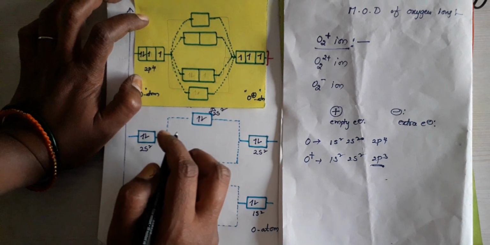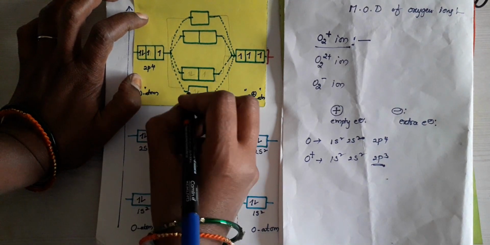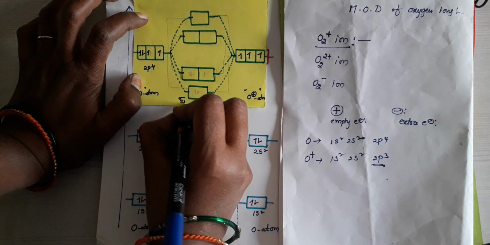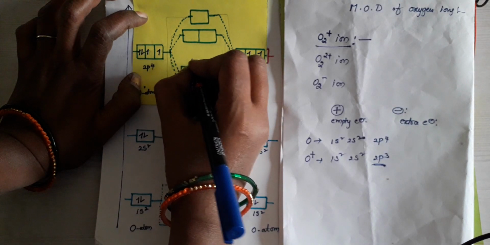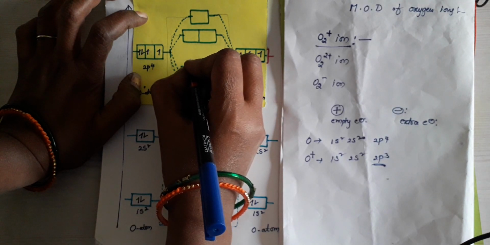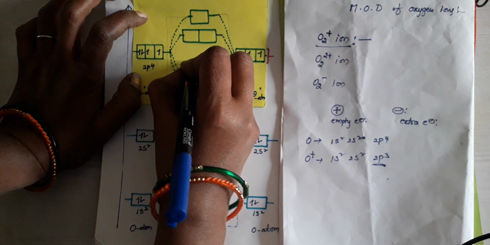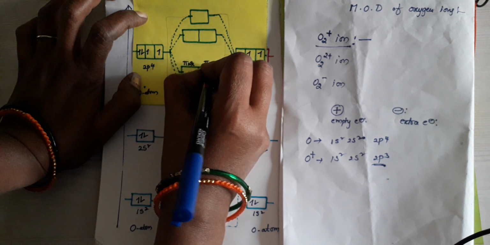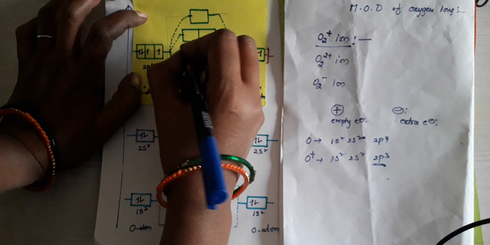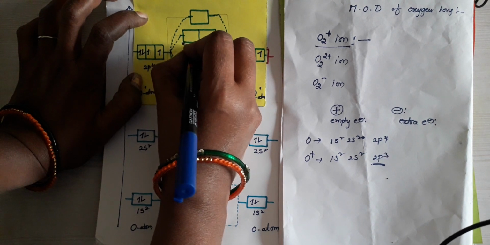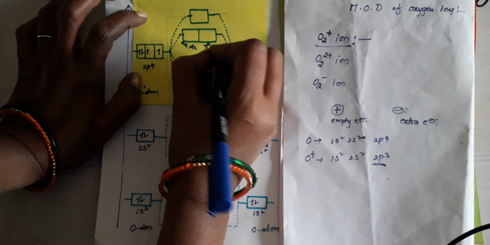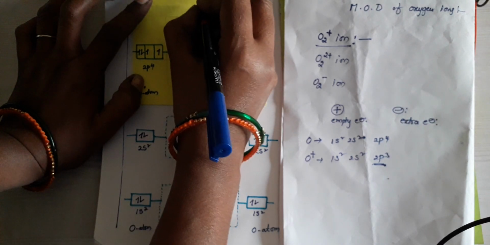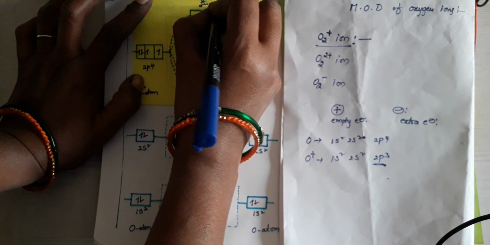Next you have to fill the molecular orbitals. What are they? Sigma 2pz, pi 2px, pi 2py, then pi star 2px, pi star 2py, and next sigma star 2pz.